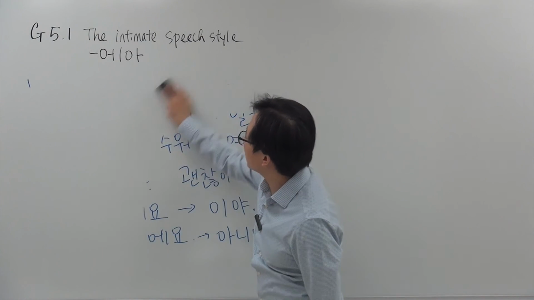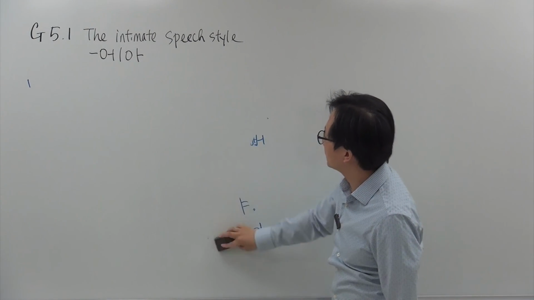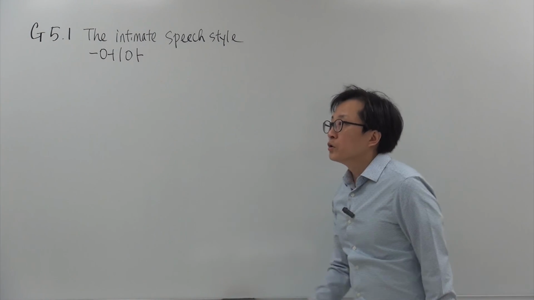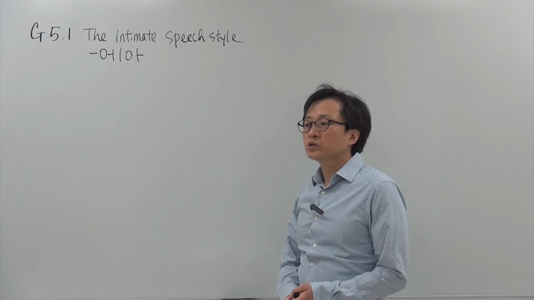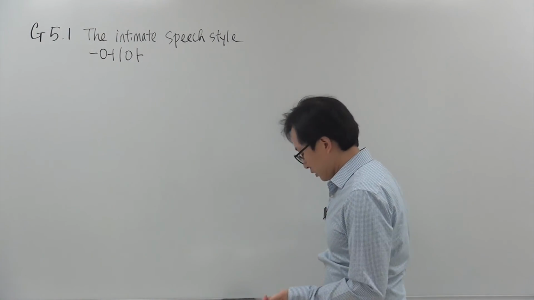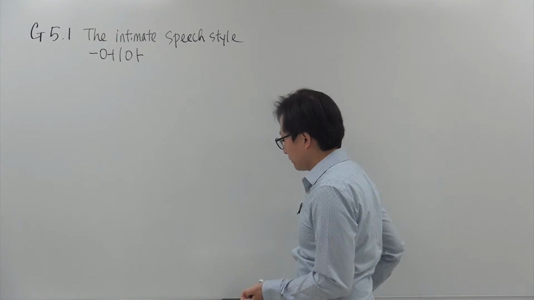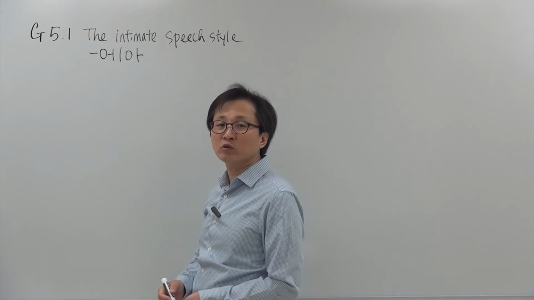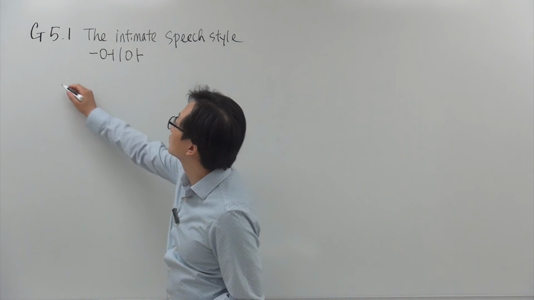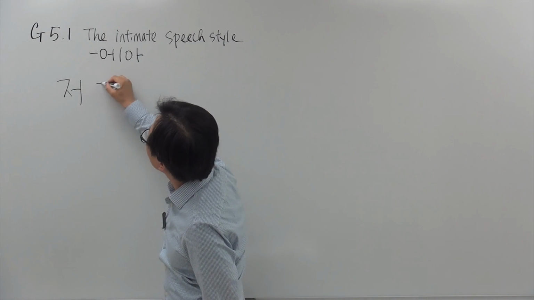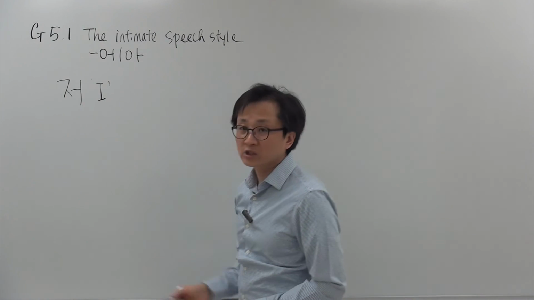And when you speak in this intimate speech style, you should not be too polite. Like when you refer to yourself, I am Korean in 어요 아요 style: 저는 한국 사람이에요. 저, the first person pronoun 저, I. Actually, this is a humble form.